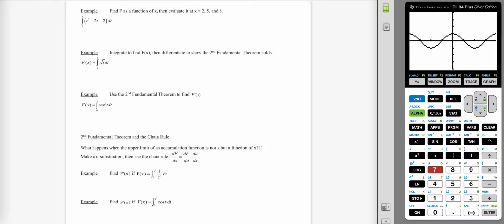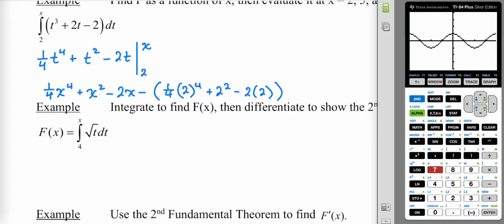Okay, so some nice things happen. I wouldn't say it's lovely, but it's pretty good. 2 squared minus 2 times 2, that's going to go to 0.